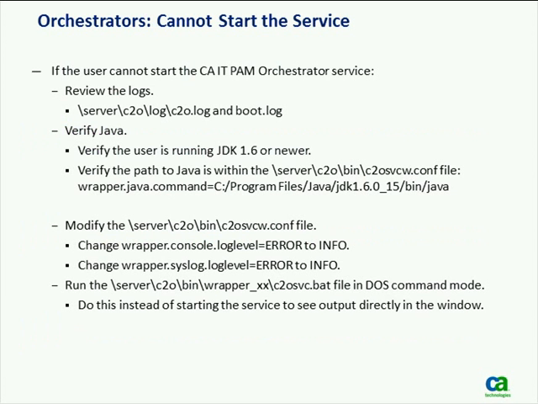If this didn't work and you still cannot start the service, please modify the file chaos2svcw.conf. You will find two lines, console.log level and syslog.log level. You will place the log level into info, okay, in order to get the information needed.